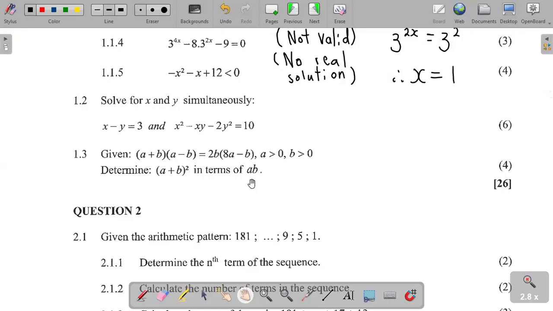So what do we have on the right? We have a difference of 2 squares, isn't it?